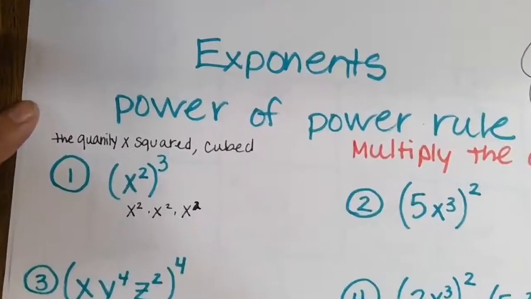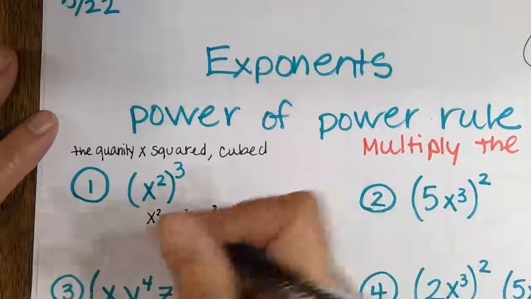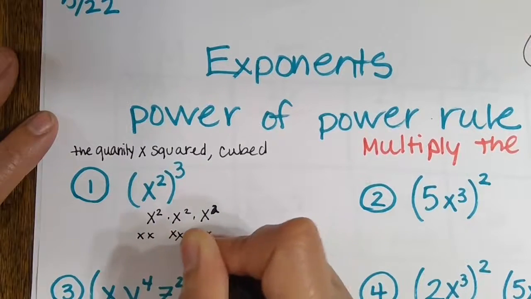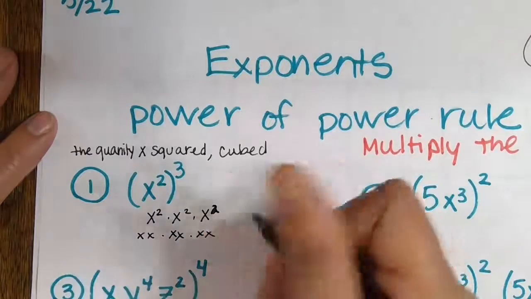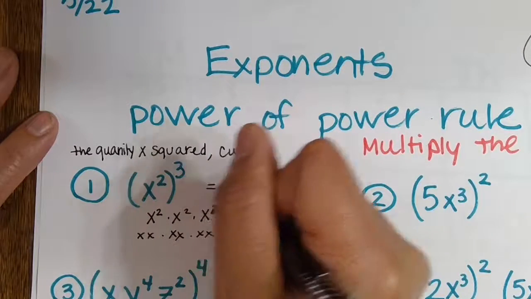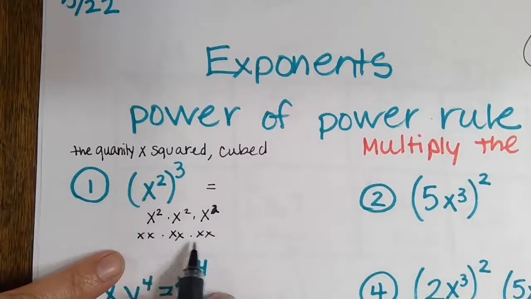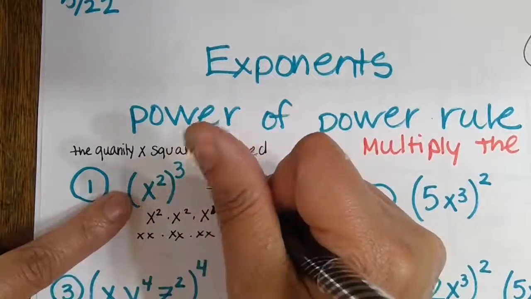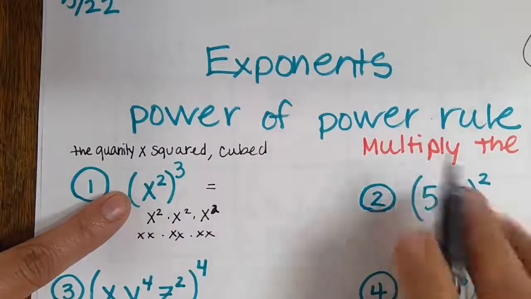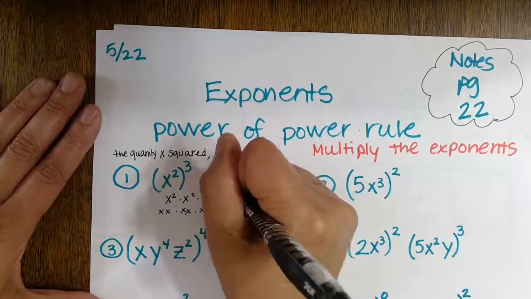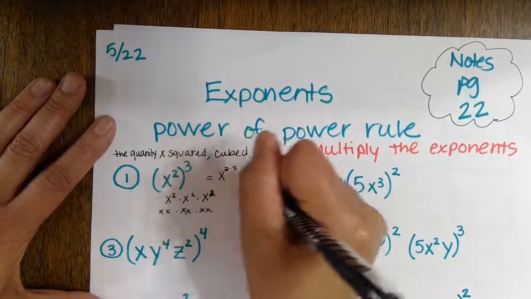I know that this actually means x times x, x times x, x times x, all multiplied. This is going to give you x to the 6th power. 1, 2, 3, 4, 5, 6. Or I could have said, hey, power of a power, you're just going to multiply the exponents. If you multiply the exponents, this is x, 2 times 3.